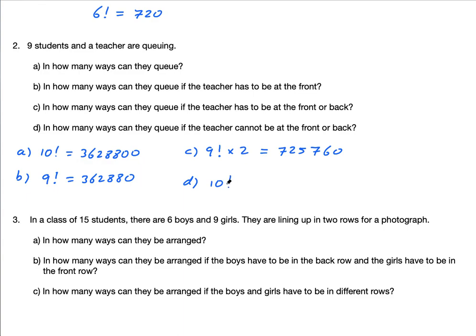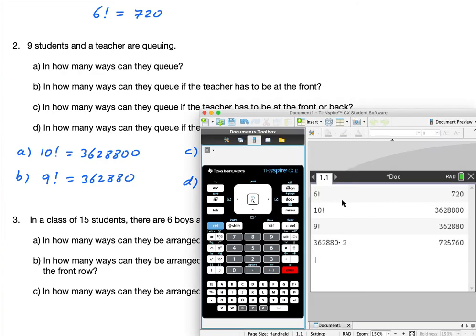And this is what we cannot have, this is what we don't want. So I need to subtract 2 times 9 factorial. And that gives me 10 factorial minus 2 times 9 factorial.